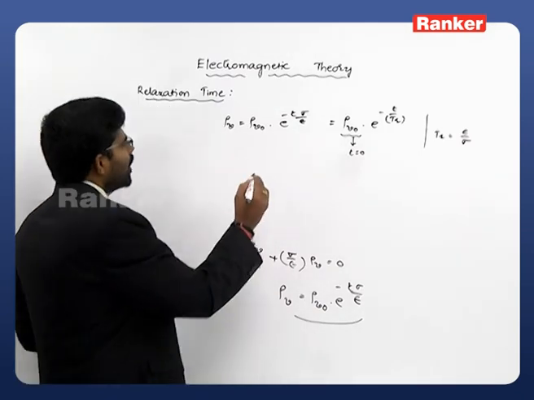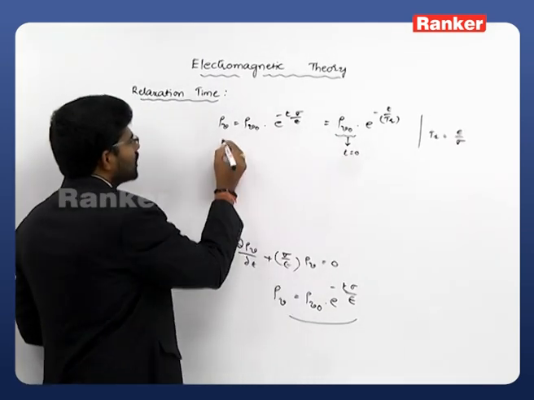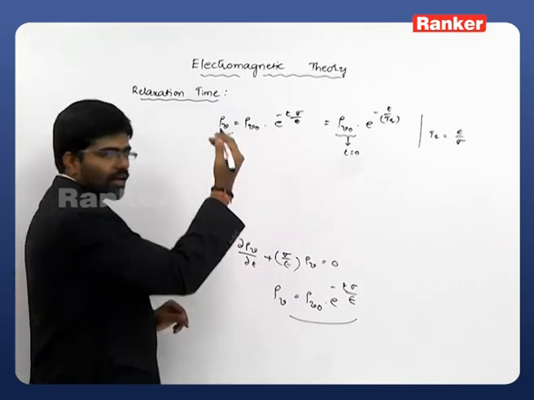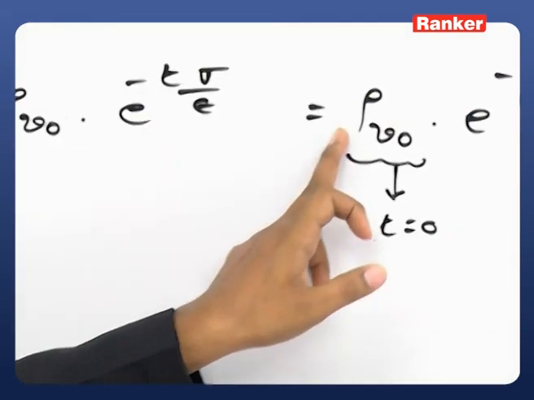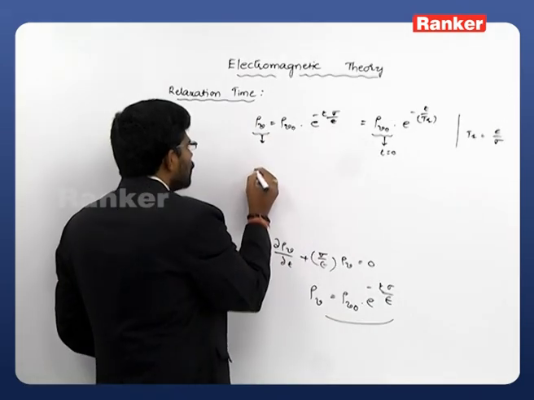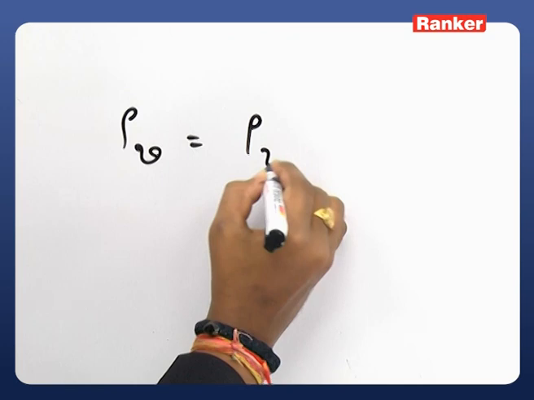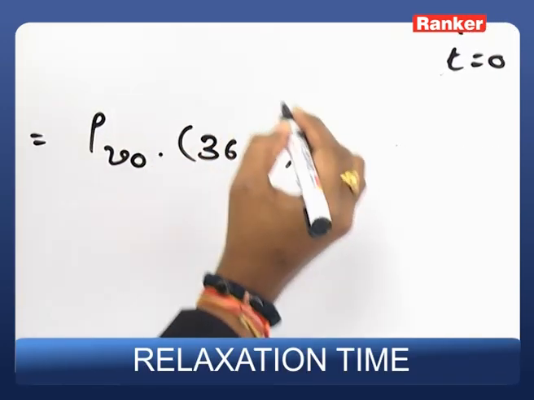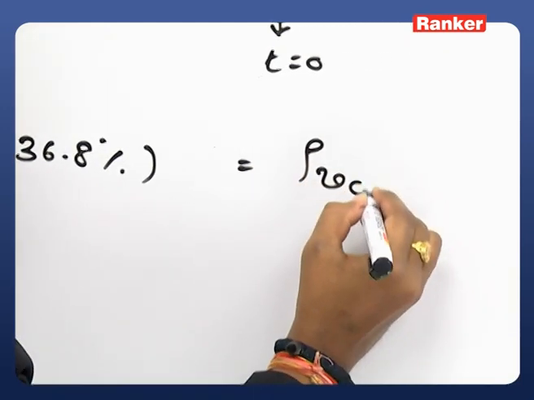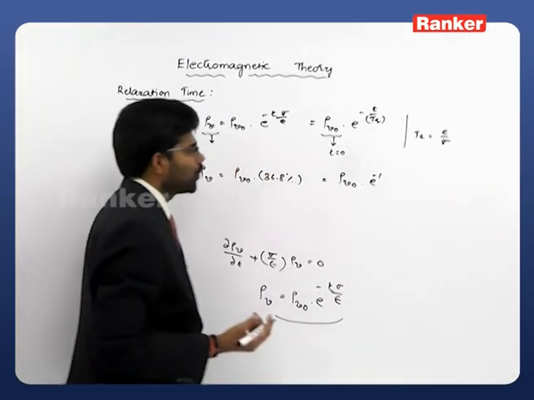So I will examine this equation: ρv will be reduced to 36.8% of the initial value. So ρv is equal to ρv0 into 36.8%, or the same can be written as ρv0 into e power minus 1.